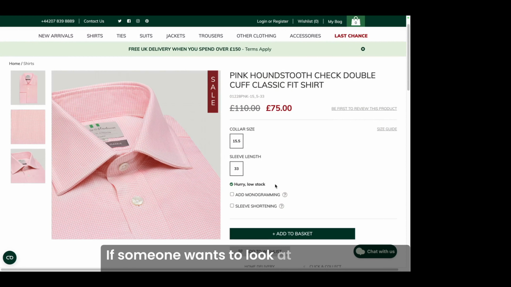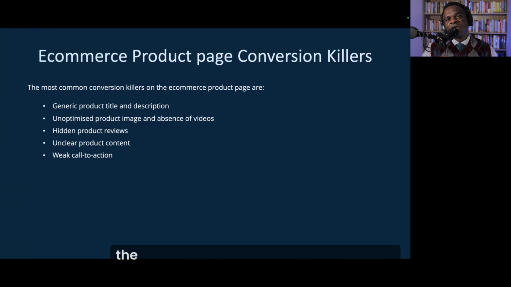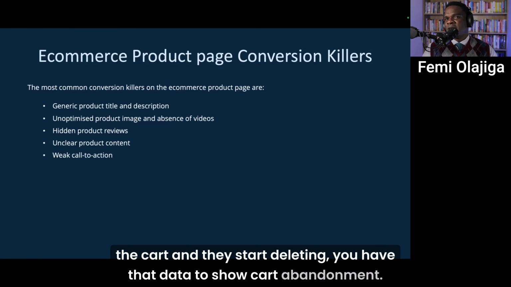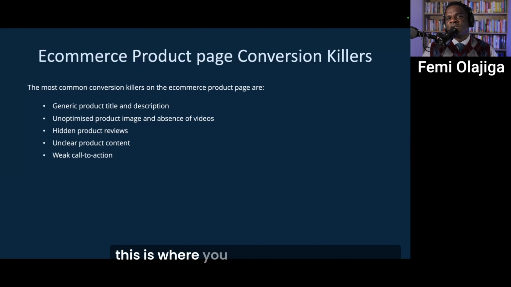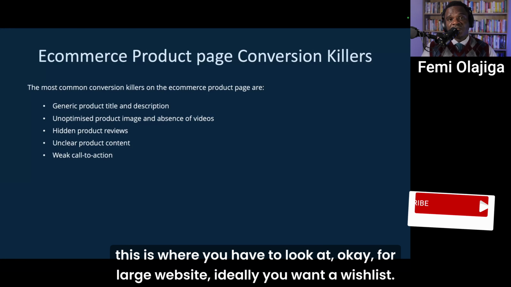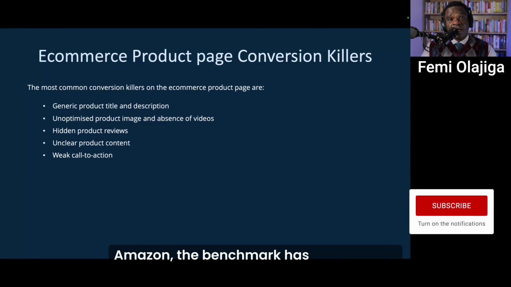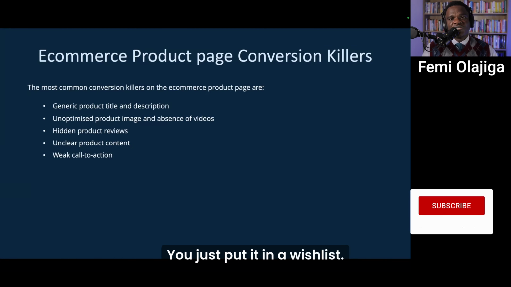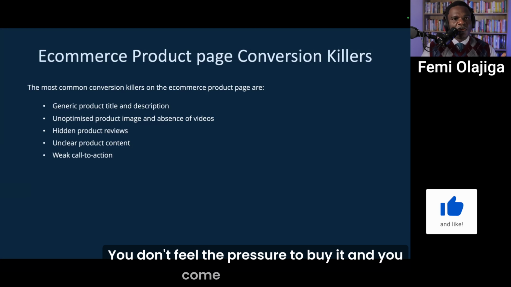If someone wants to look at multiple options before they decide, they add everything to the cart and they start deleting, and you have that data showing cart abandonment. So for a large website, ideally you want a wish list. Amazon, the benchmark, has options for a wish list where you look at an item you're not ready to buy now, you just put it in a wish list, you don't feel the pressure to buy it, and you come back for it later.